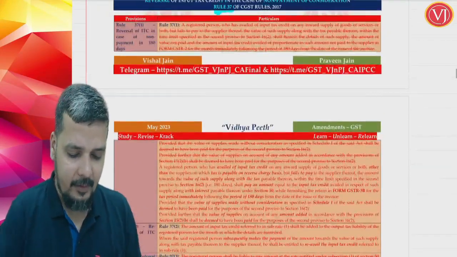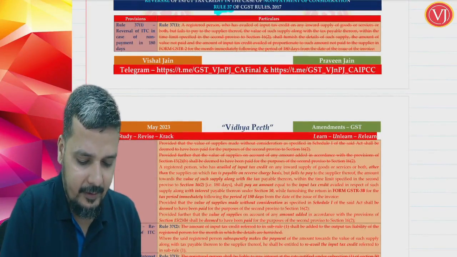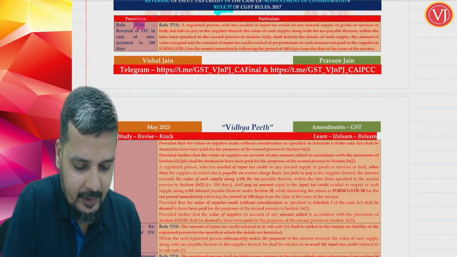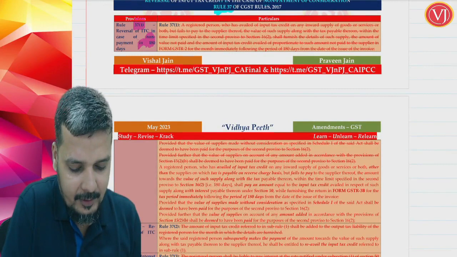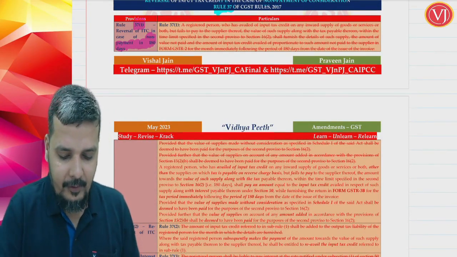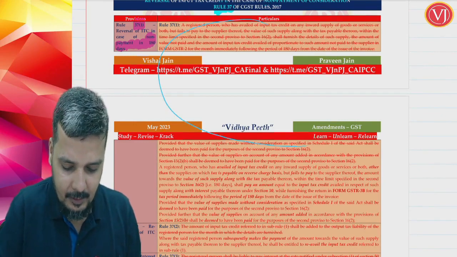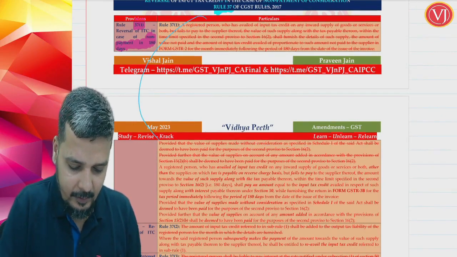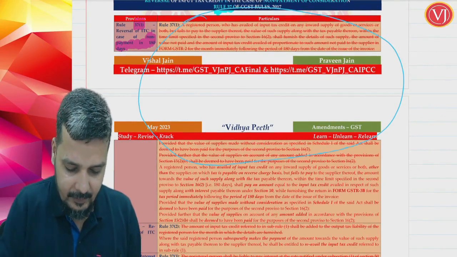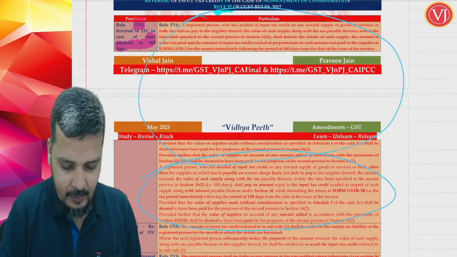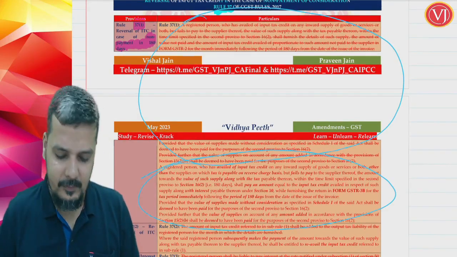There was rule 37 sub rule 1 which tells that if you are not making the payment within 180 days, you need to reverse ITC. You will find the old provision being given, the old rule 37(1), which is now replaced by the new 37(1). Now what is the impact?